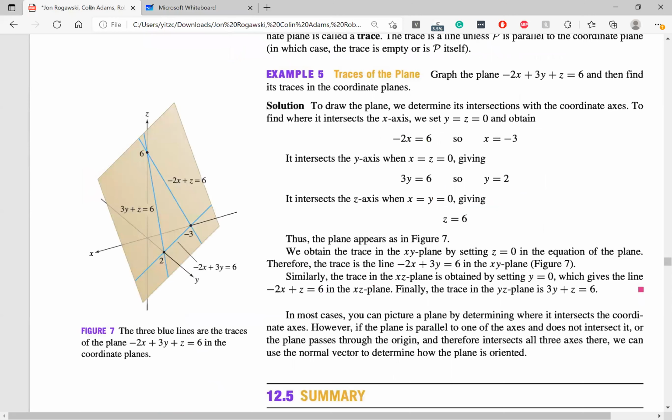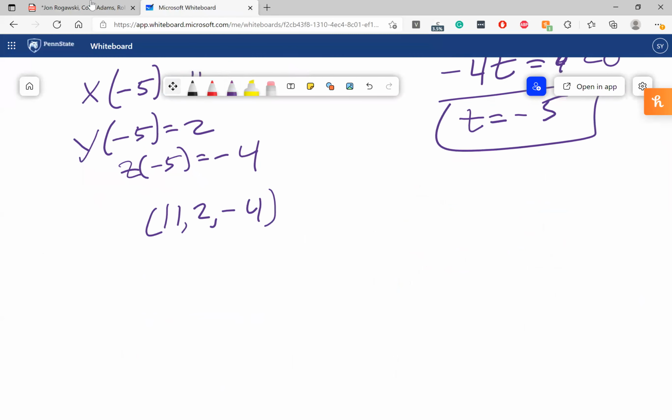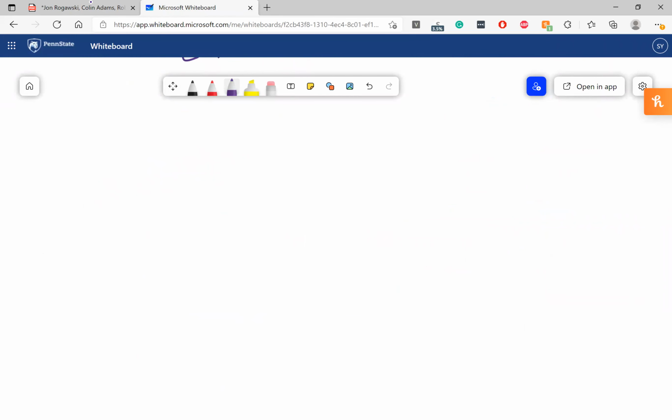Okay, the last thing that we can do in terms of planes is we can restrict. If we have a plane, and let's say I want y to be 0, how does this thing look? It will look like a line, right? So if I have a plane, here's my plane.